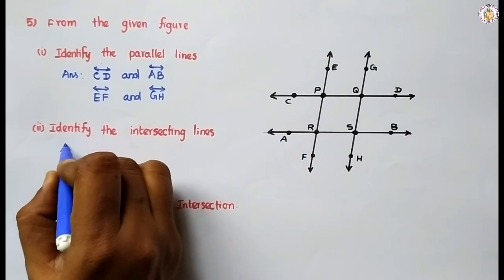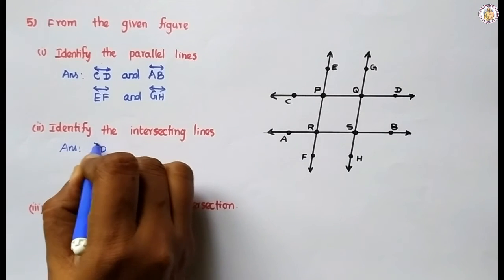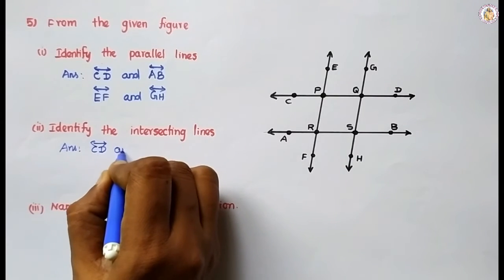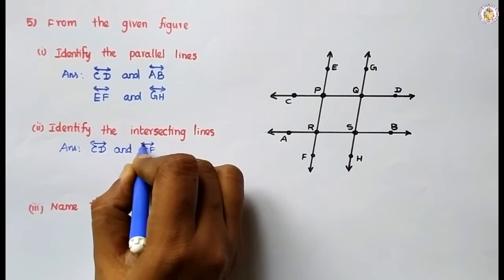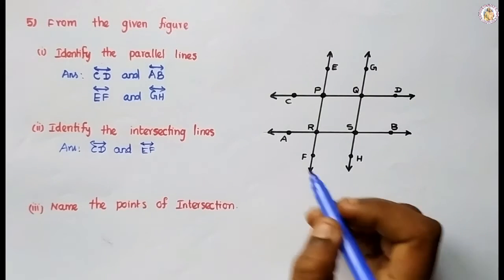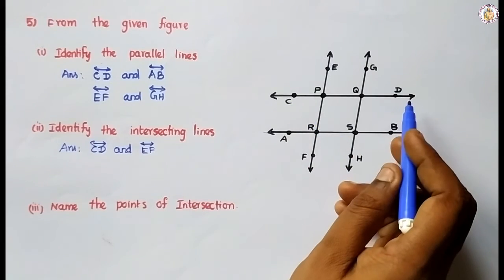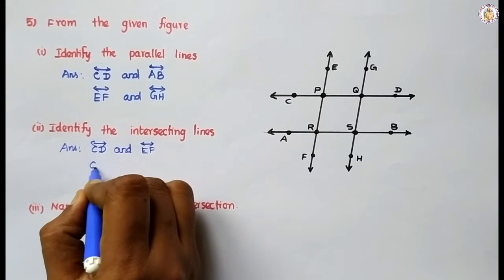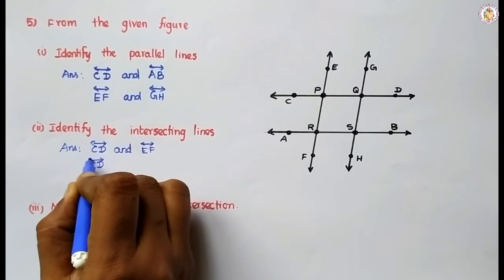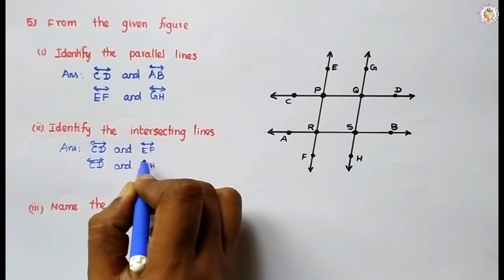So CD and EF is one of the intersecting lines. Next, CD cuts GH also. So CD and GH.